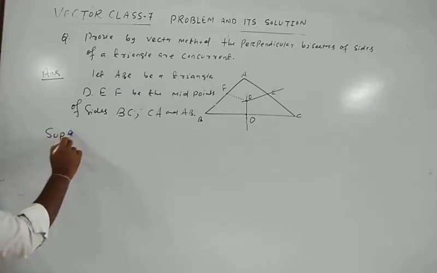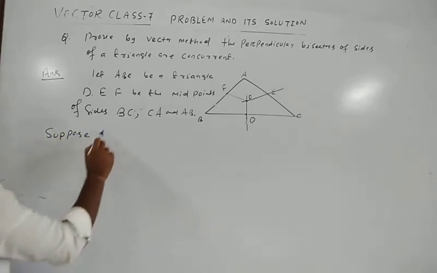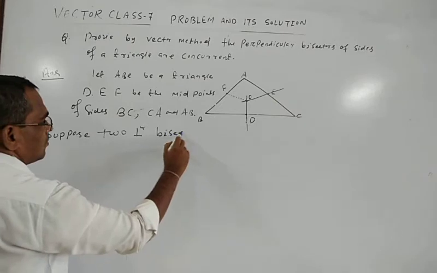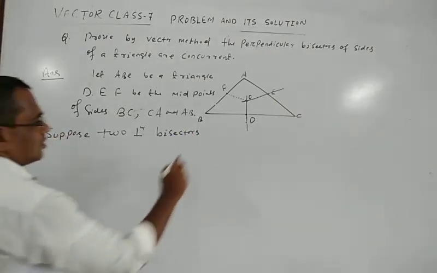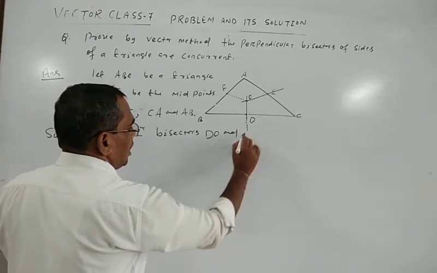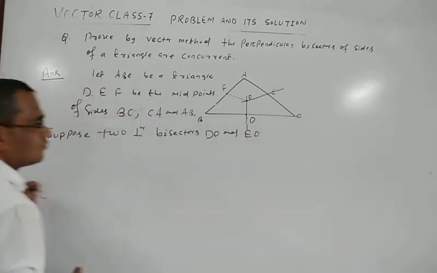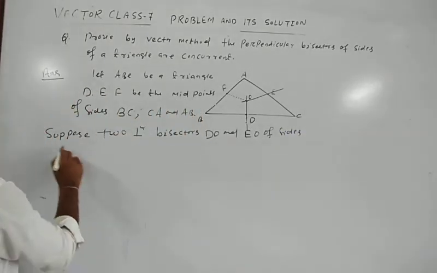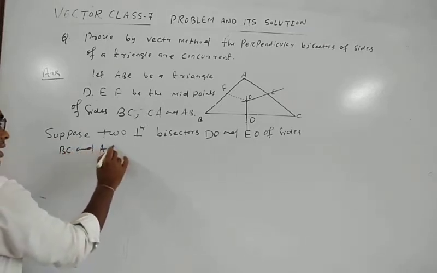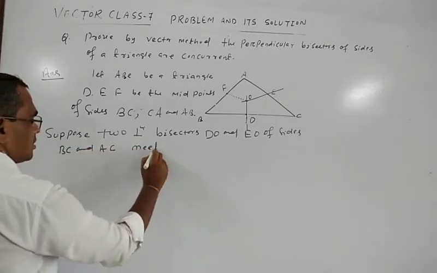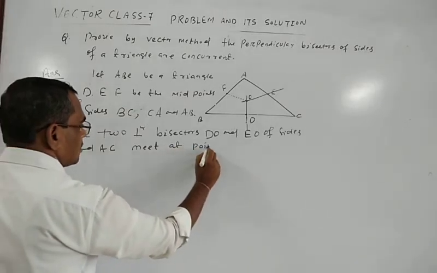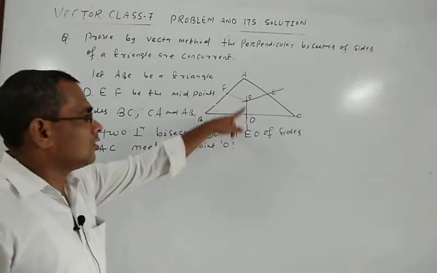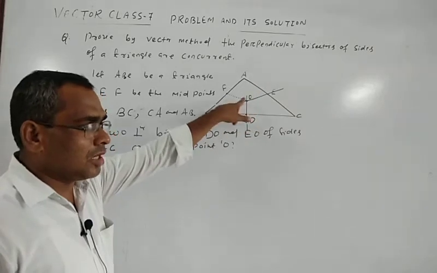Suppose two perpendicular bisectors DO and EO of sides BC and AC meet at point O. Okay, meet at point O. You have to take this one. First DO and EO, these are perpendicular bisectors.